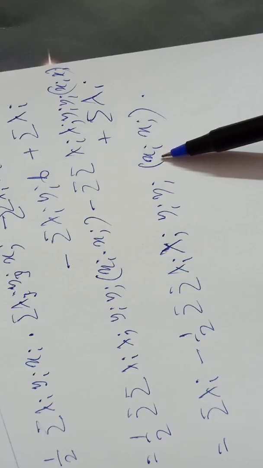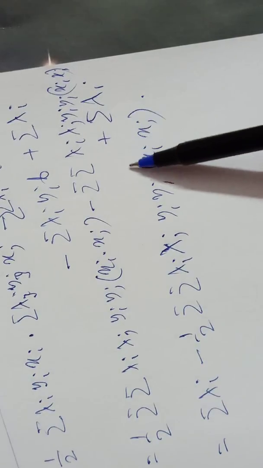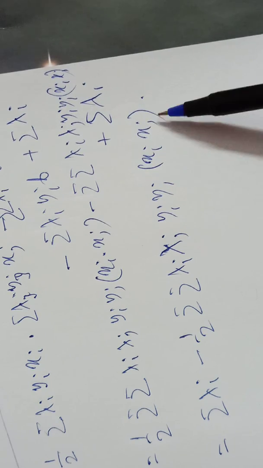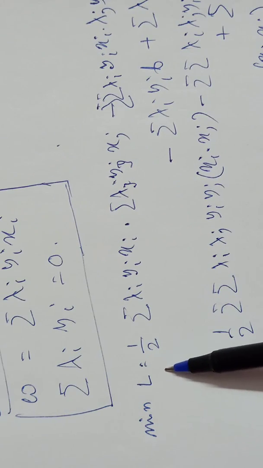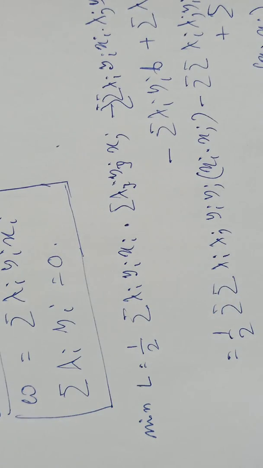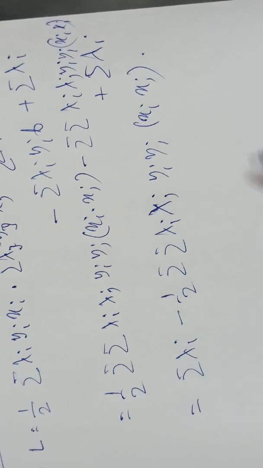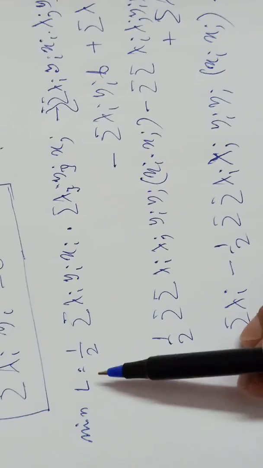Now the question is xi and xj. If we can find the multiplication of xi and xj, that is two data points, immediately we can find the minimum value of L. Previously it looked like we had to find this w and minimize w, but simply if we can find this sum equation, then immediately we can find the minimum value of L.